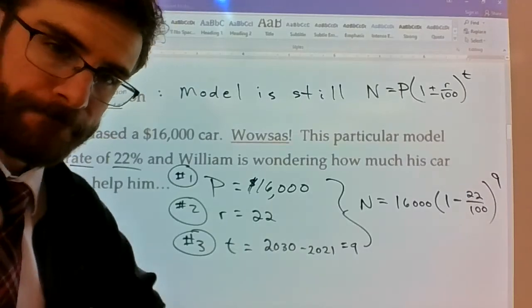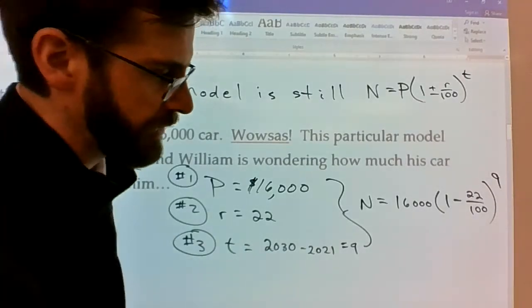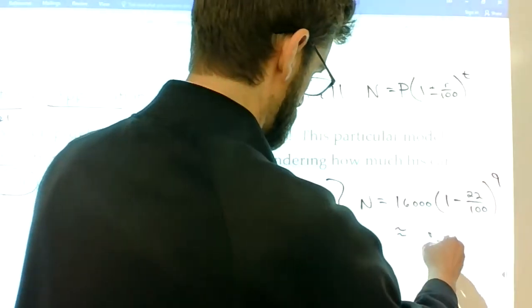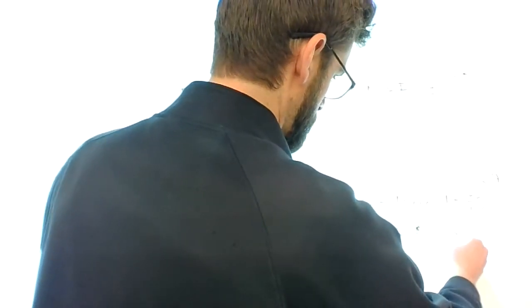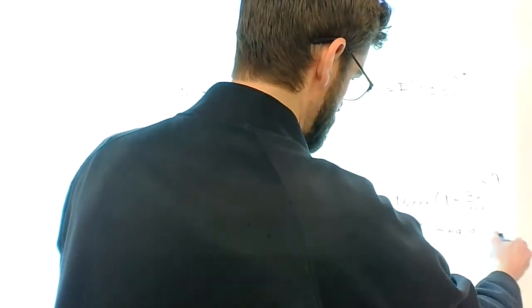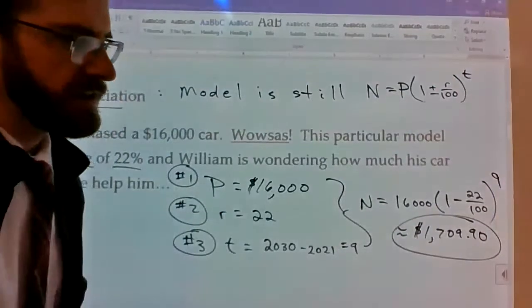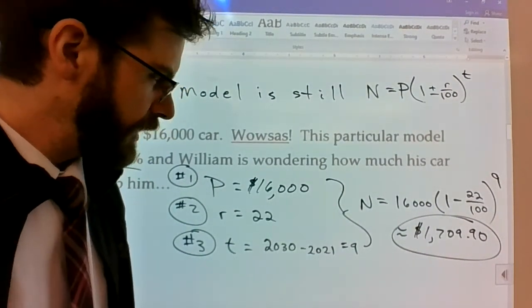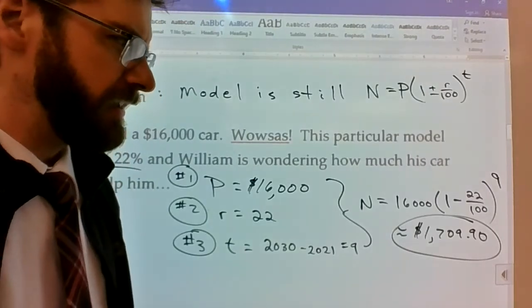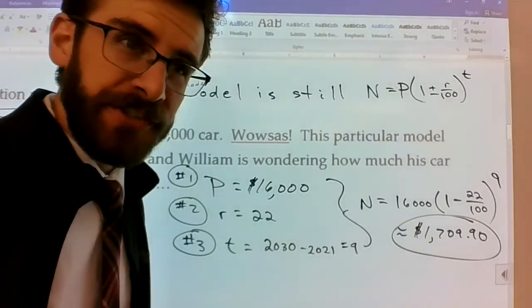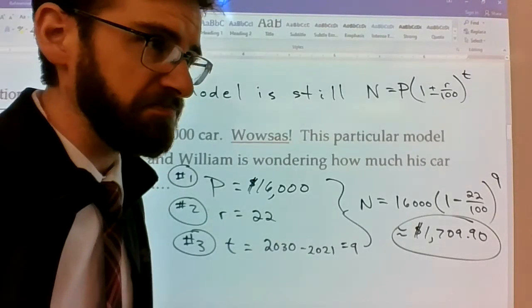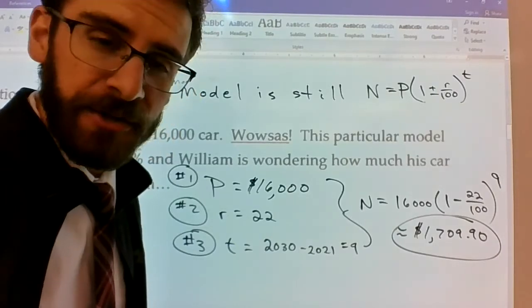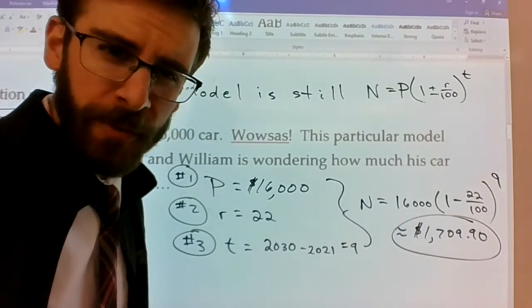Okay, here's what it's worth in 2030. $1,709.90, which seems about right. I had a car of similar value, and after about 9 years, it was maybe worth a little bit more.